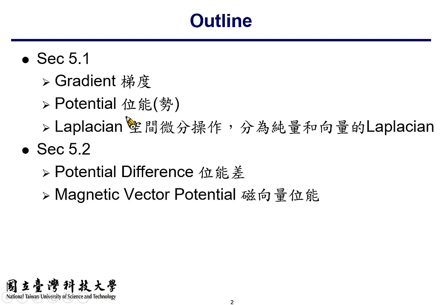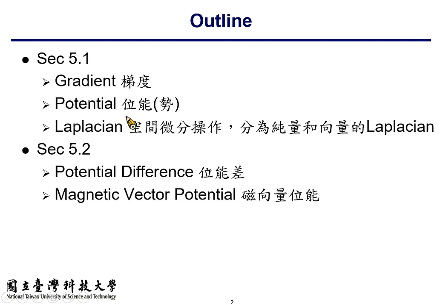Okay, so on top of the electrical scalar potential voltage, we will also introduce another potential, that is the magnetic vector potential. You probably do not know that before, but it's actually a very useful tool when we deal with electromagnetic wave problems.